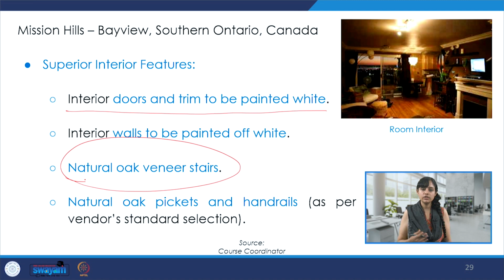So in the lecture where we concentrate on material timber, we are going to understand the veneers, the laminates, etc. So there are natural oak veneer stairs, and then there is also the application of natural oak pickets and handrails. So these are some very, very interesting features and design elements that we see over here. And of course, to get a good oak veneer finish is a luxury. So in that sense, these are some superior interior features that we see in this project.